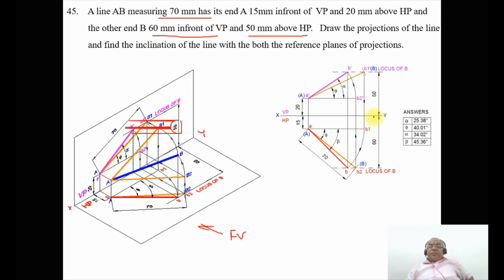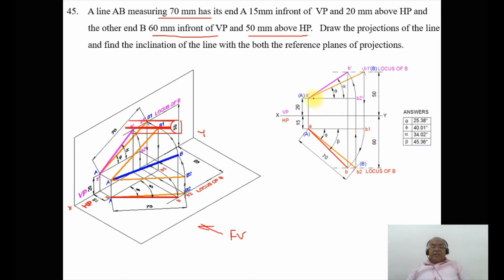So now draw a vertical projector from B1 dash to the locus of B, that is AB1, to this line, and mark this point as B1. By using the compass with A as center, taking the radius of AB1, you draw an arc such that it cuts the locus of B in the top view here, and you mark this point as B and join A to B with a dot line.